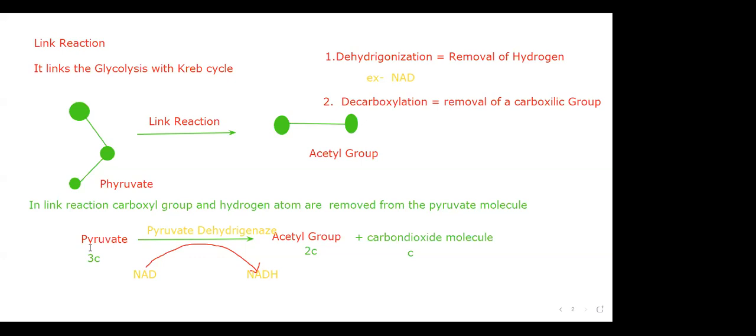We don't bother about how much hydrogen is produced, how many hydrogens are there. There are hydrogens in that molecule. So you don't have to know up to that much deep. All you have to know is if one hydrogen is removed, that hydrogen is captured by NAD to form NADH. That's all.